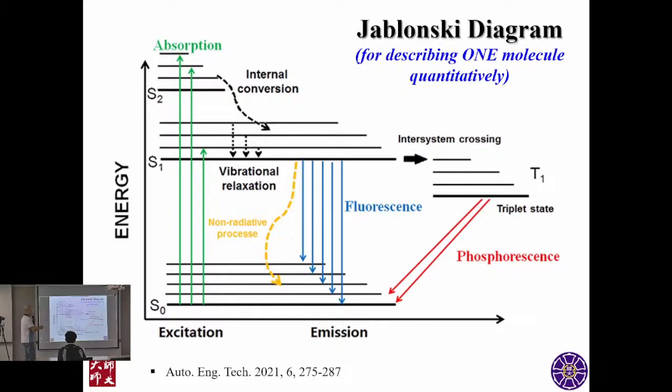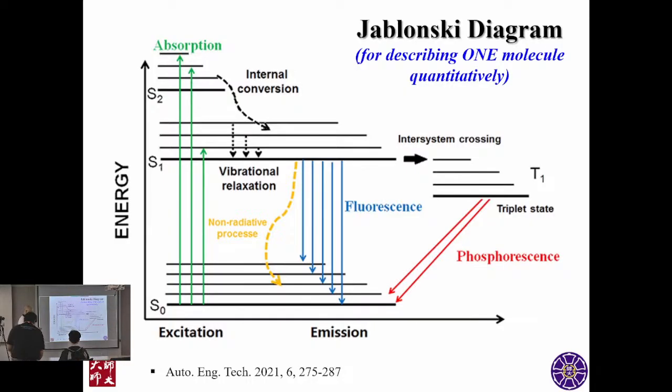And if it undergoes intersystem crossing, it can then react on the triplet surface, and some molecules are capable of releasing another photon. It's called phosphorescence. Fluorescence and phosphorescence are both light-emitting processes, but the time scale is a little bit different. So experimentally, it relies on how the instrument can distinguish these two processes. That would be complicated anyway.